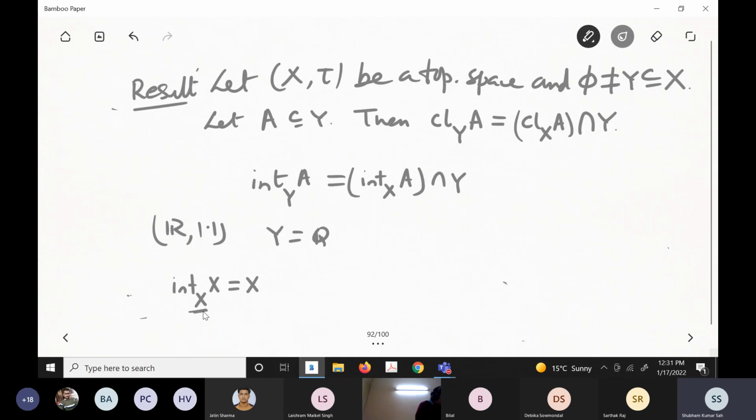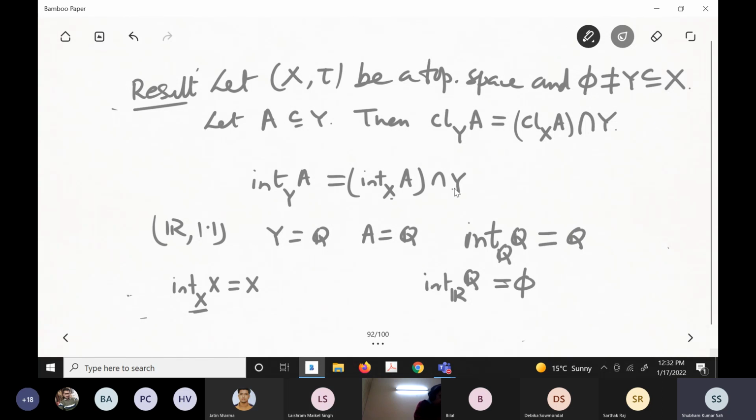If you take Y equal to Q, and A also equal to Q, then the interior of Q in Y is Q, since both are the same. But the interior of Q in X, the reals, is empty.